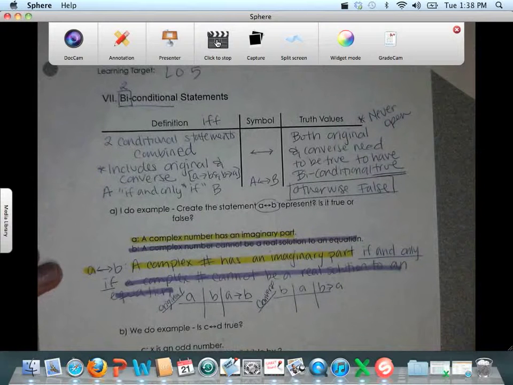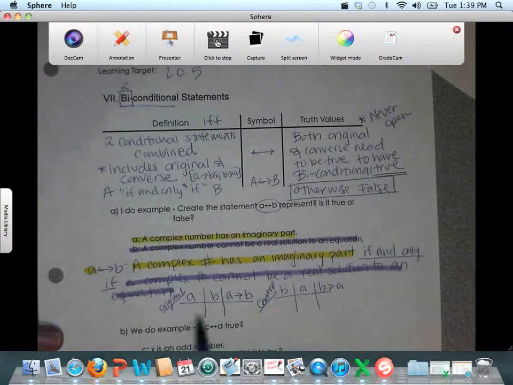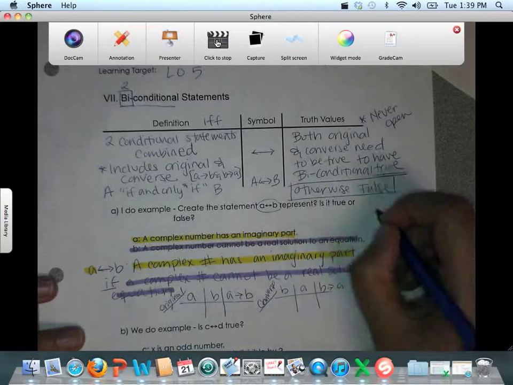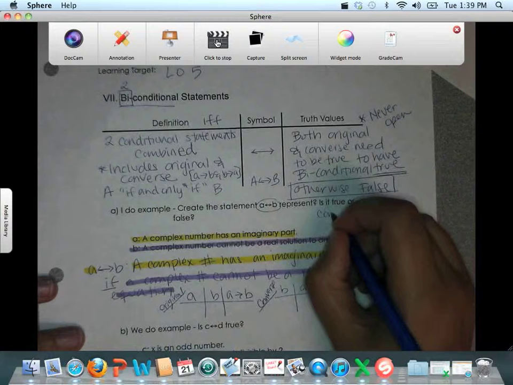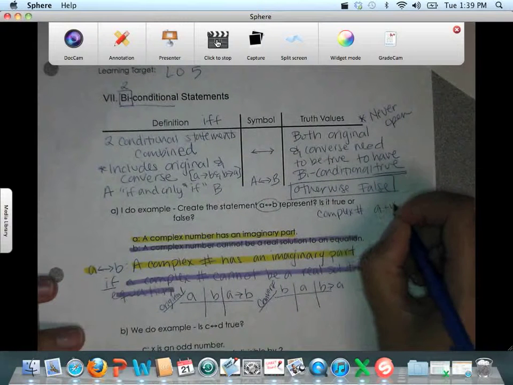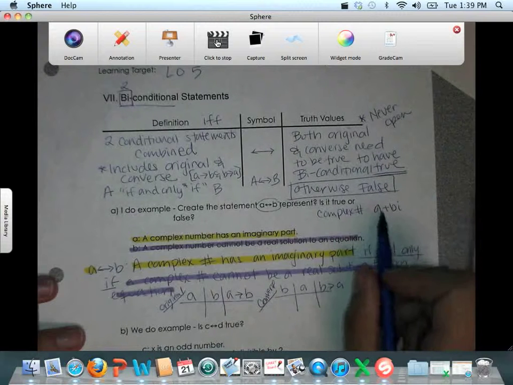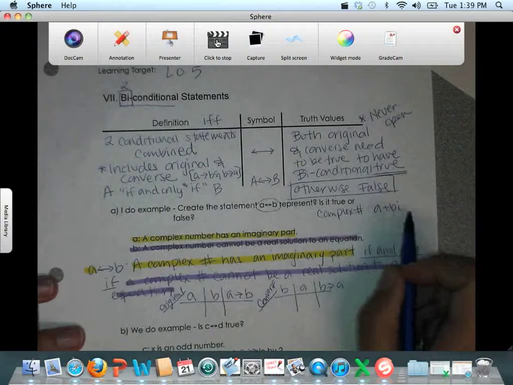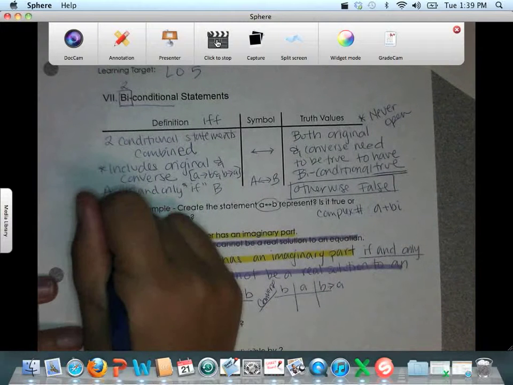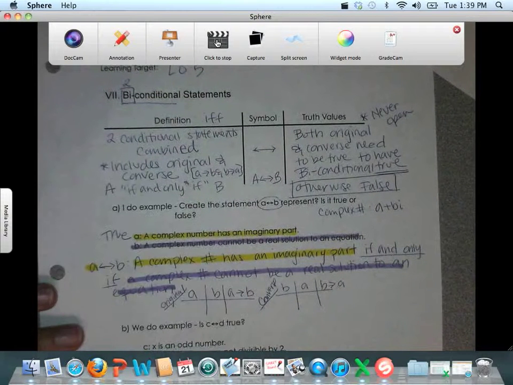Okay? All right, so now remember when you're doing truth tables, before you actually fill in the table, you need to justify whether they're true or false. If you don't remember, a complex number is a plus bi, that's an example, where it has both parts, a real part and an imaginary part. So a complex number has an imaginary part. That is true.